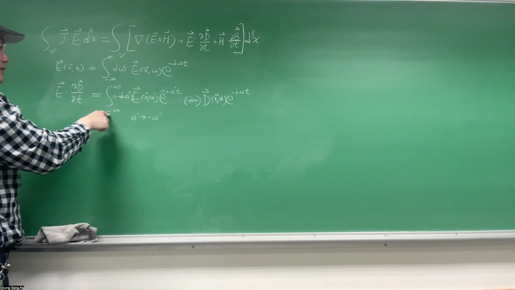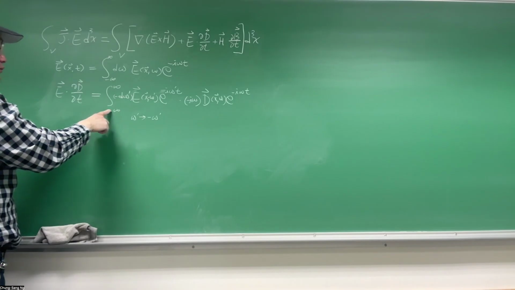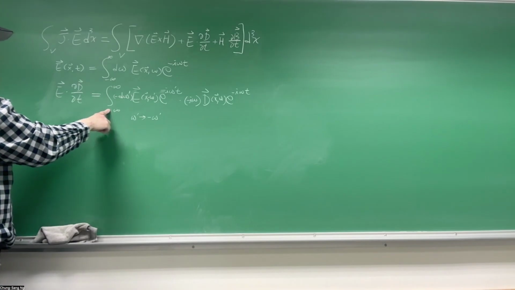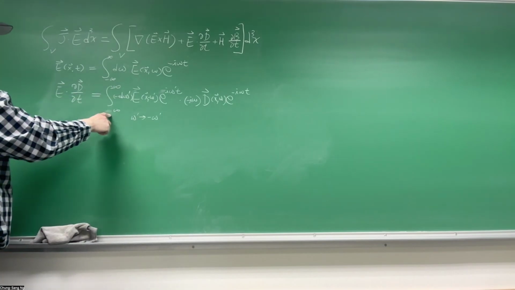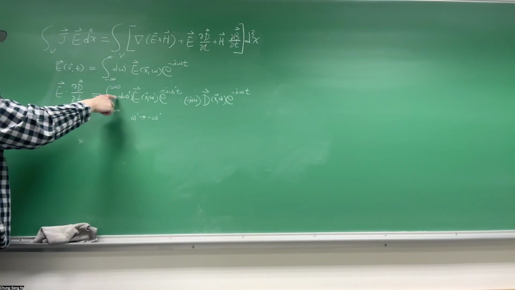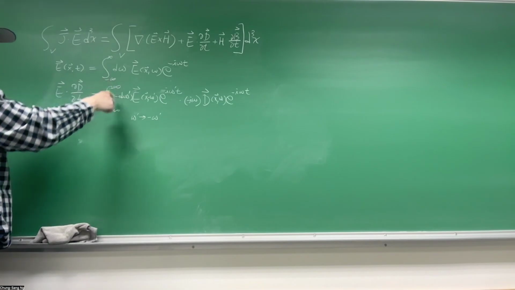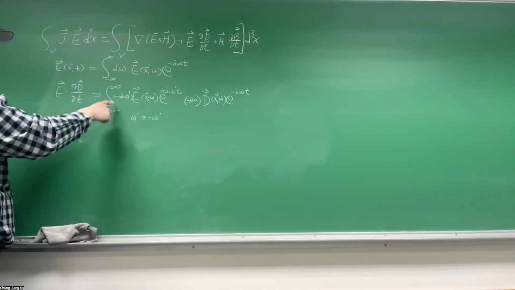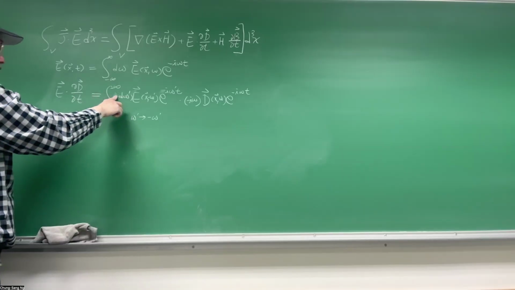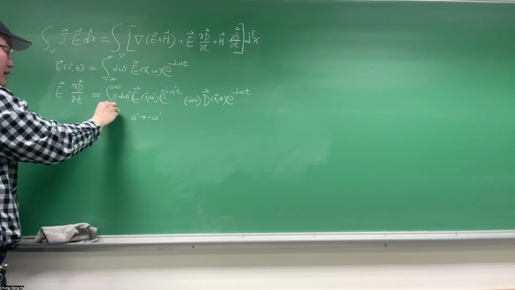But then the integration limits will change to positive infinity to negative infinity, right? And now the final step, we use the negative sign to flip the limits. You flip the sign, you introduce a negative sign, and you cancel this negative sign. Basically cancel that and change back to minus infinity.